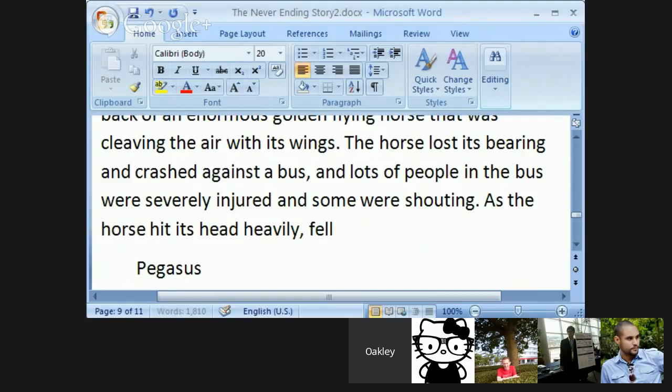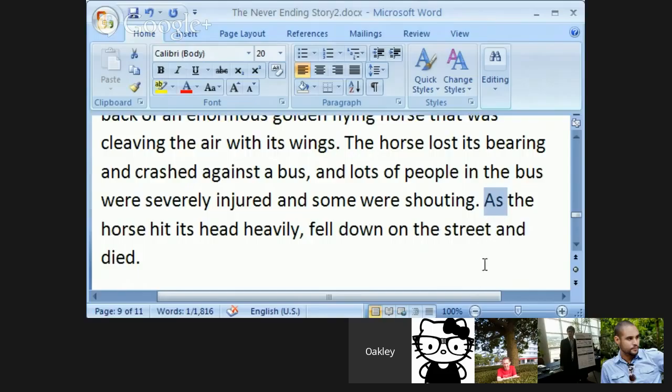Okay, but all right, hang on. Is that it? All right, we have a couple options here. You can get rid of "as": the horse hit its head heavily, fell down on the street and died. But you have to get rid of "as" to make that just one simple sentence with three verbs. Just get rid of "as," and you have a perfect simple sentence.